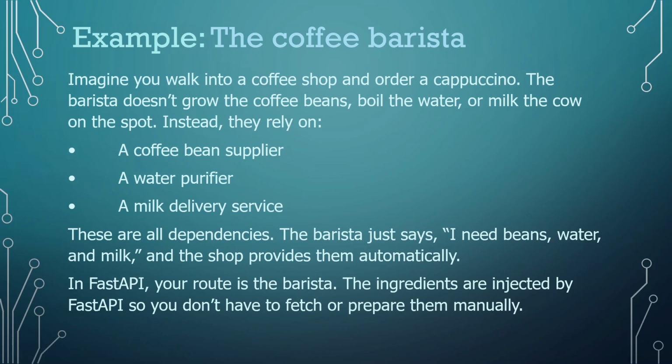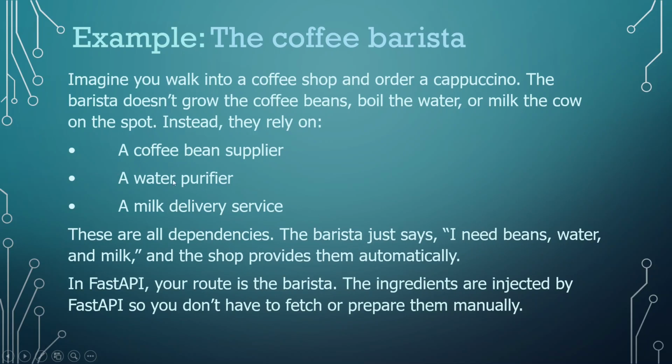The example is a coffee barista. I have created this example for you. Imagine you walk into a coffee shop and order a cappuccino. Now the barista doesn't grow the coffee bean, boil water, or milk the cow on the spot. Instead, they rely on a coffee bean supplier that will supply the coffee beans.